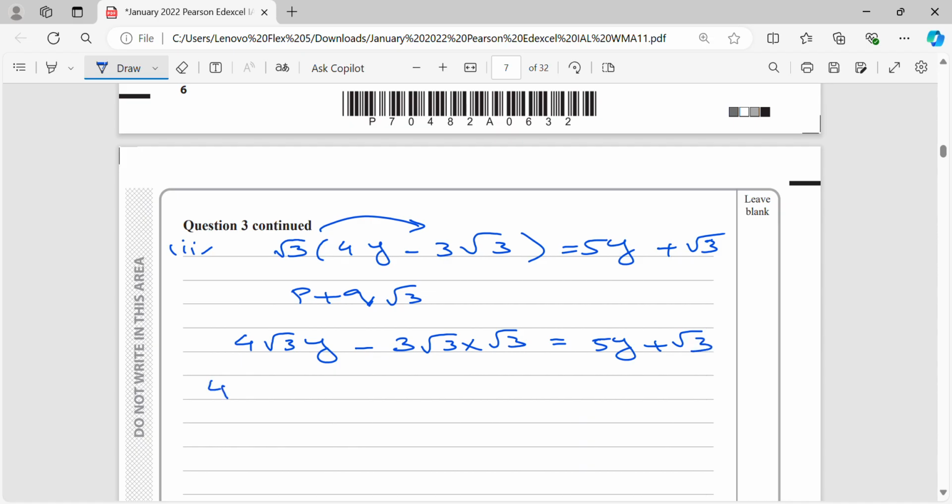Okay, simplify it further. Root 3 times root 3 is 3, and 3 times 3 is 9, and 5y plus root 3. So collect y together, minus 5y, because I have to solve for y, equals to root 3 plus 9.